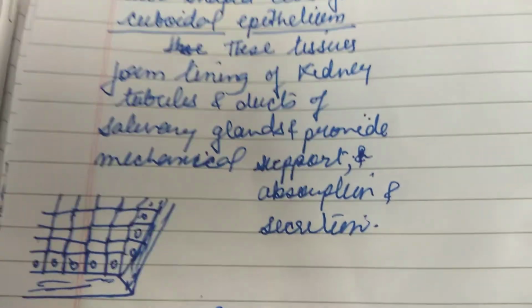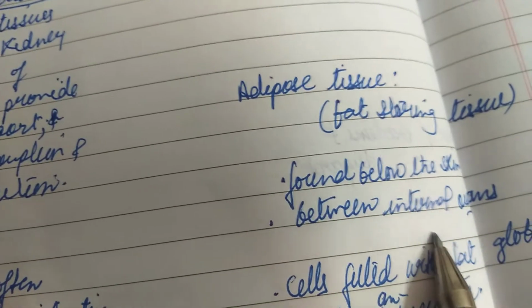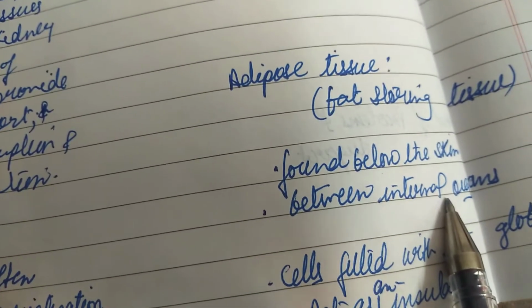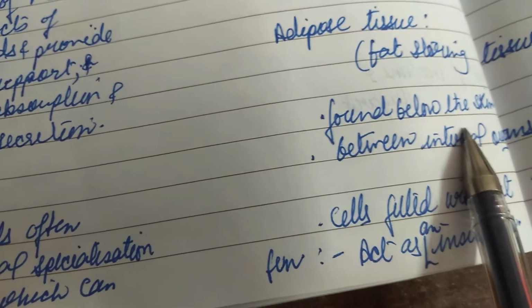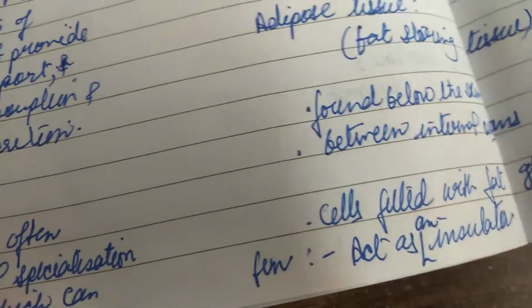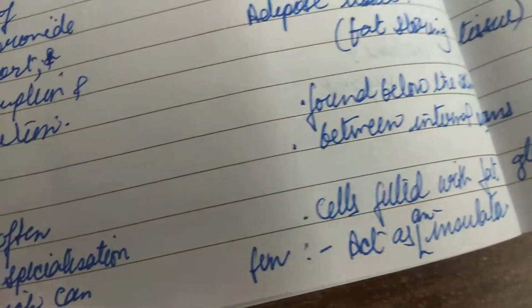Where are they present? They are found below the skin and between internal organs. These cells are found below the skin and they have these fat droplets. This fat acts as an insulator.